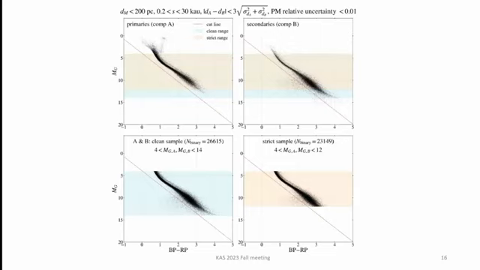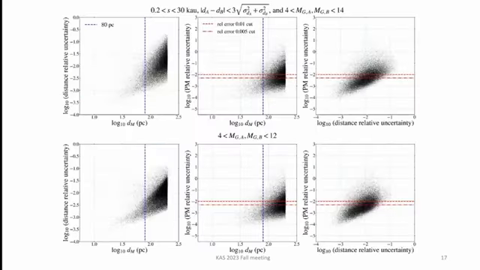Okay, this shows the color-magnitude diagram. And this shows the uncertainties of the sample, and the uncertainties of distances, actually fractional, with the distance. The first one shows the fractional uncertainty of distance.